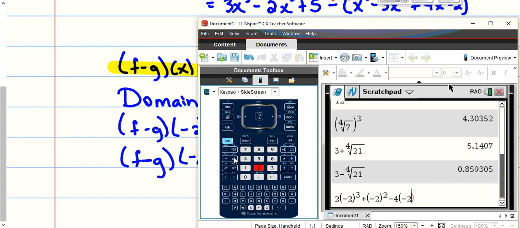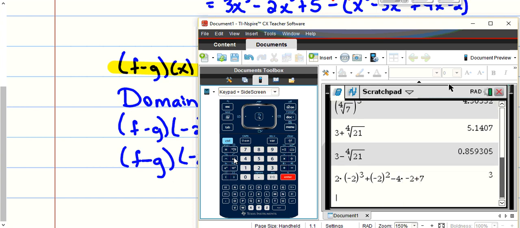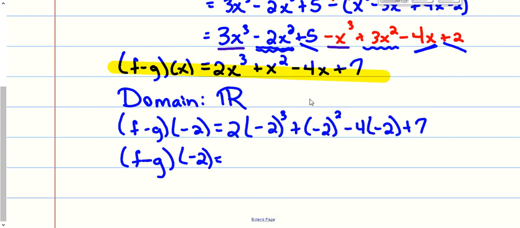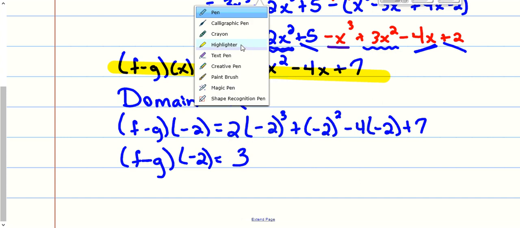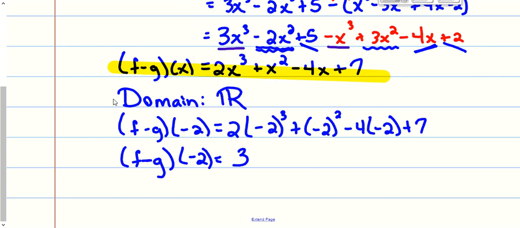So again, you're negative 2, so times negative 2 plus 7. And when you do, you get 3. So that is equal to 3. So we've already highlighted our function, highlight the domain, and highlight where you evaluated it.